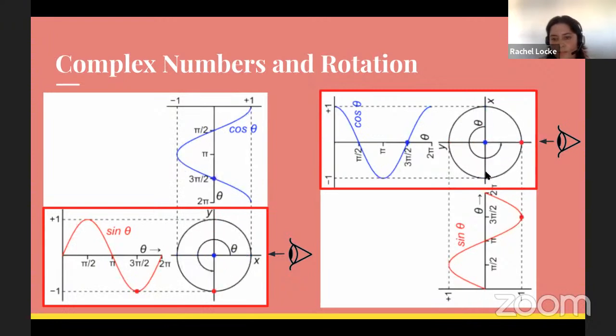And this time, if we were in the plane of the slide, we could see this blue dot going up and down, oscillating between 1 and -1. And this is tracing a cosine. And that is the real part of our complex number when expressed with Euler's formula. So I hope that helps to visualize a bit how the rotation would work as theta increases. You can see the theta increasing as the black dot moves around the circle.